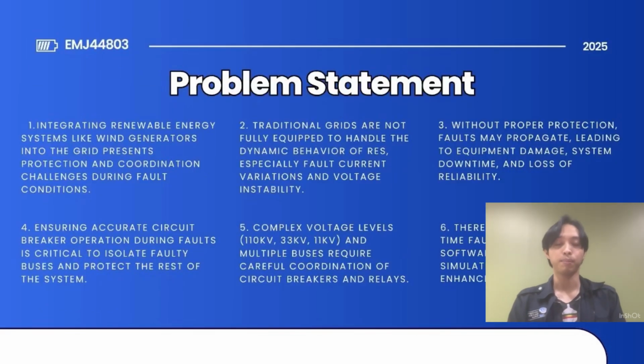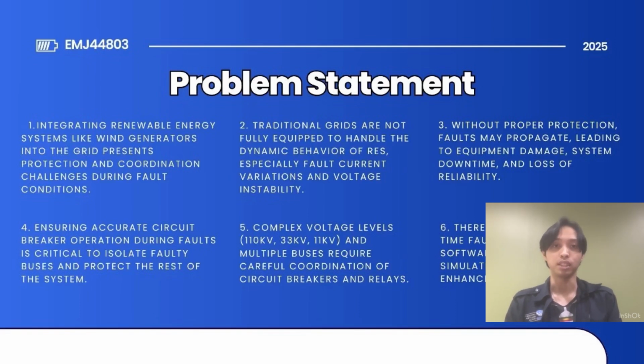For the problem statement, first, integrating renewable systems like wind generators introduces protection and coordination challenges, especially under fault conditions. Traditional grids aren't built to handle the dynamic and variable behavior of renewable energy. This includes changes in fault current magnitude, voltage fluctuations, and unpredictable power directions.